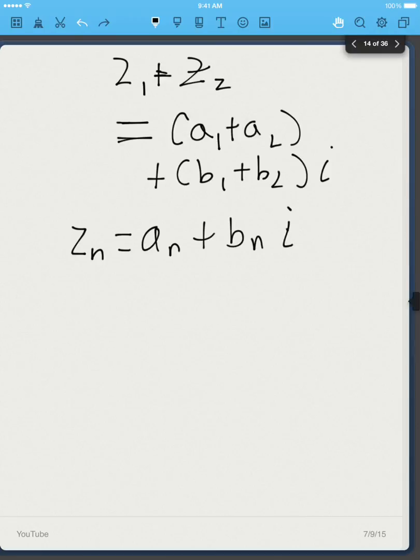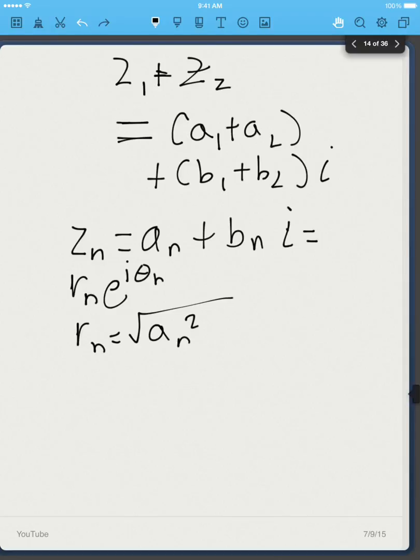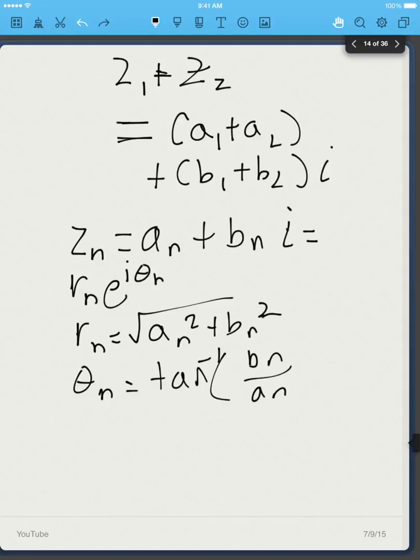So then, if we said that this was equal to Rn e to the i theta n, then we would say that Rn, as before, is the square root of an squared plus bn squared, and theta n is equal to the inverse tangent of bn over an. So then we could represent each one of these complex numbers in this form.